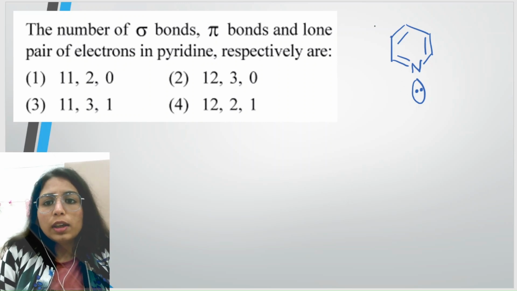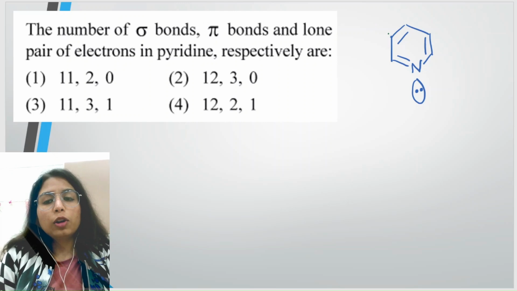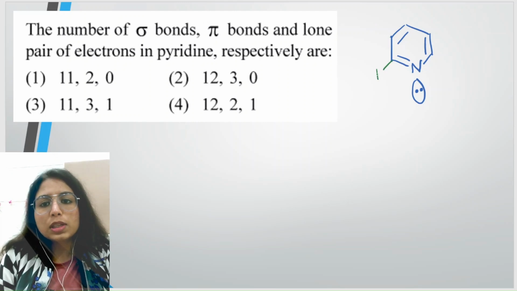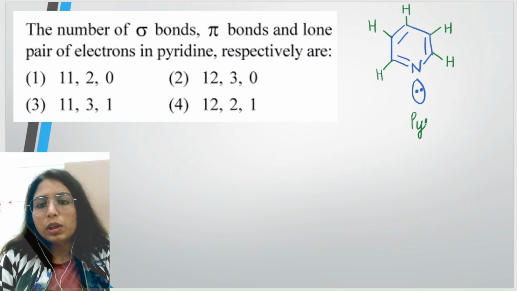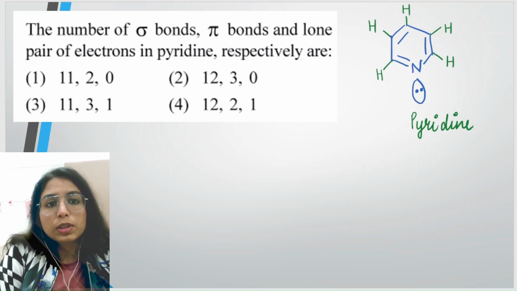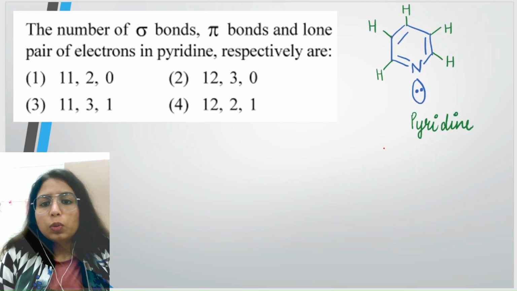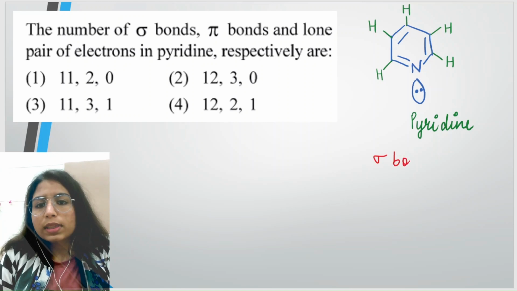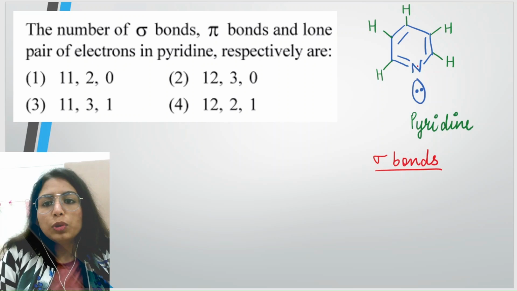Here, to calculate the number of sigma bonds and pi bonds, first let me complete the valencies, that is, the remaining valencies will be occupied by hydrogen. So this is the structure for the pyridine molecule. Now you can count the total number of sigma bonds. Sigma bonds are the single bonds that are formed. So you have to count how many single bonds are present in this structure.